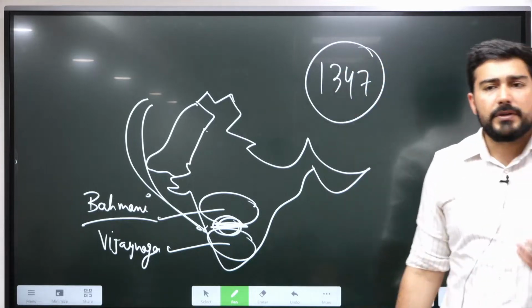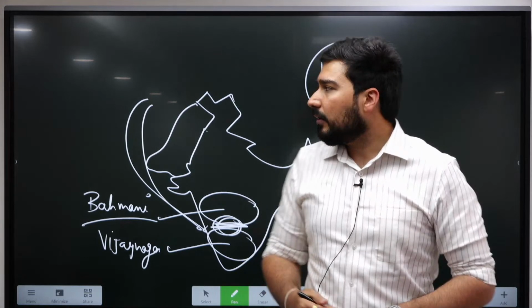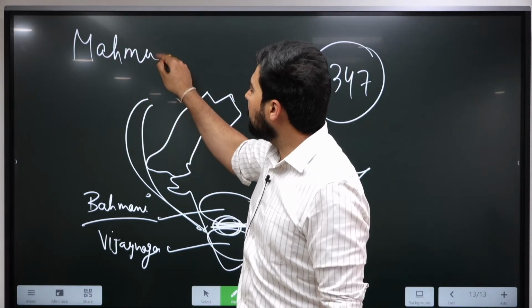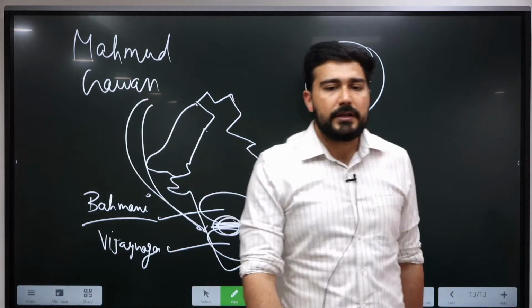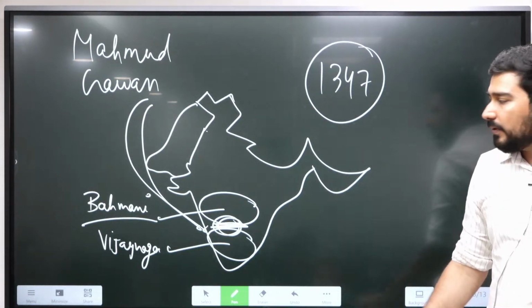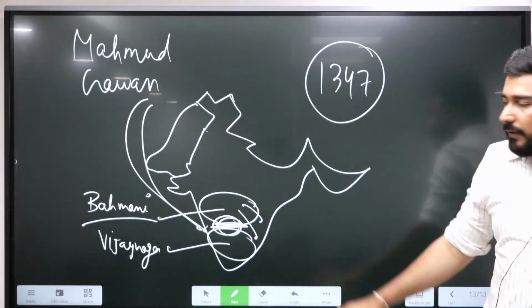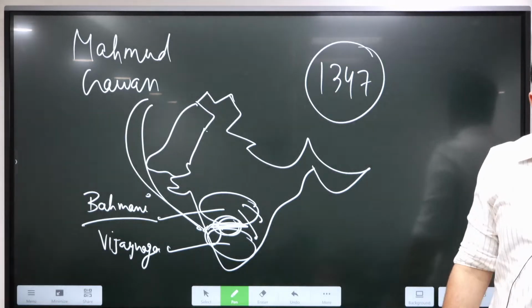The most famous personality of the Bahmani kingdom is not the founder, it is one of their prime ministers, that is Mahmud Gawan. You can remember his name. The most famous personality of the Bahmanis. When he came to power, he was able to extend the Bahmani Empire towards the east. He was able to even catch some of the areas around the western coast.